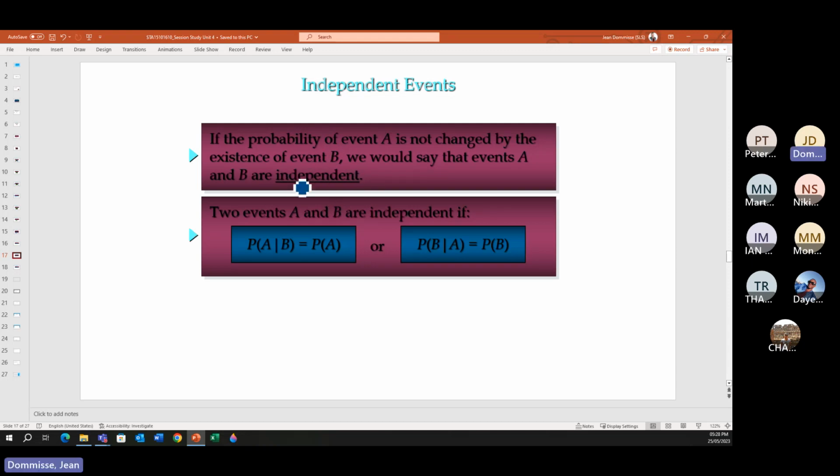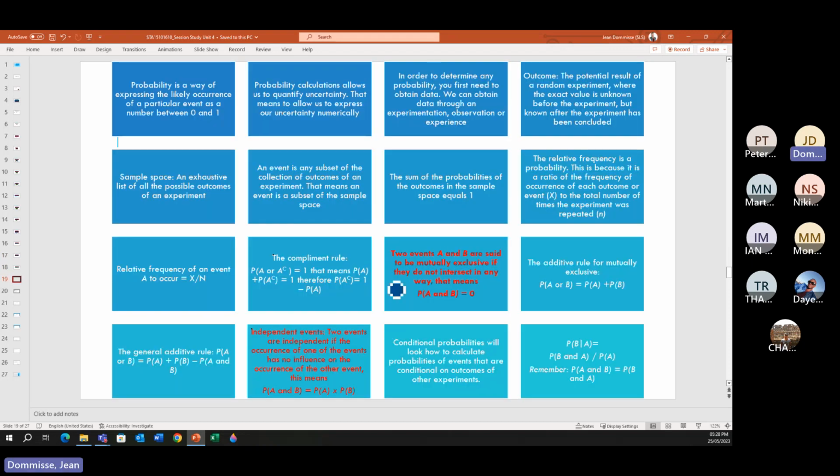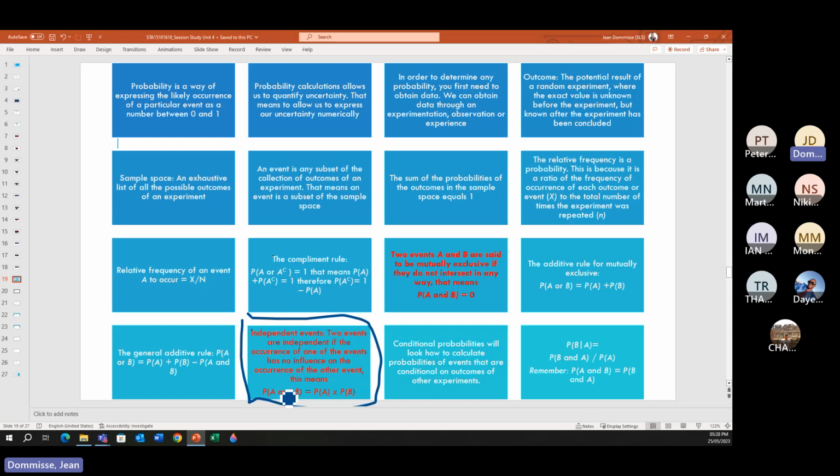Again, important to know independent because, oh, I haven't added it there. I added it in here. So if two events are independent, we can work out the probability of A and B by multiplying the probability of one event times the probability of the other event.